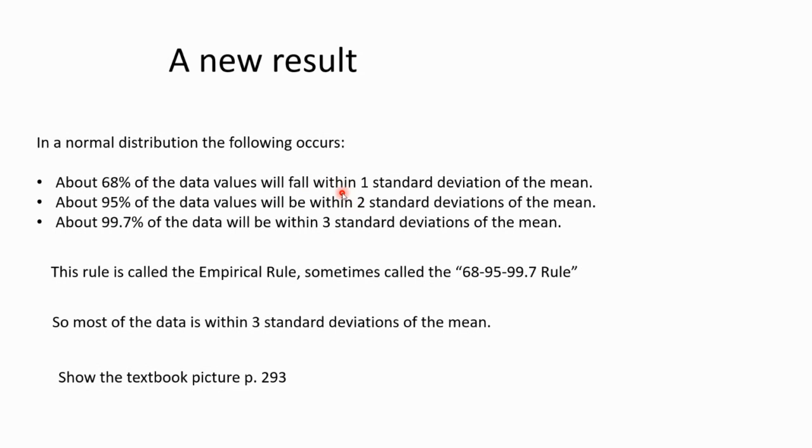We'll see some examples today that will make this a little more clear. It's just telling you that most of the data will be within three standard deviations of the mean.